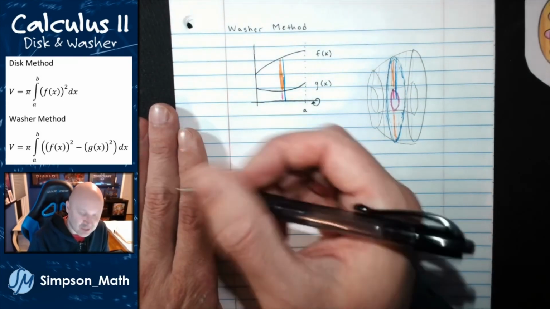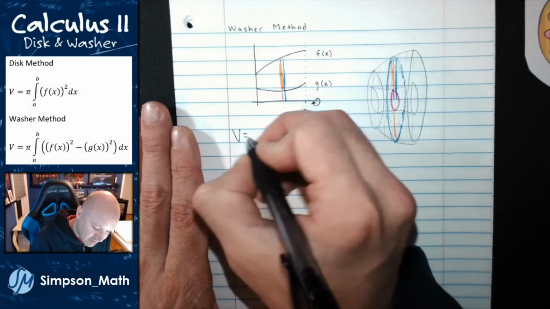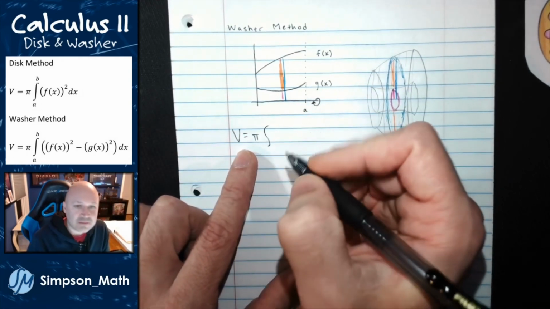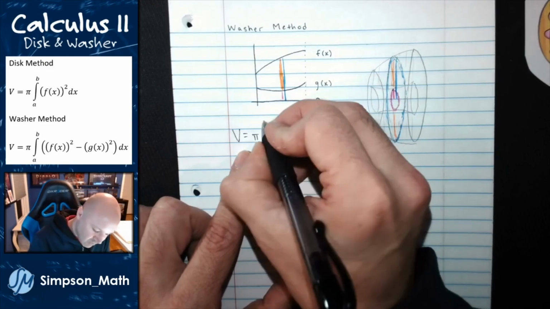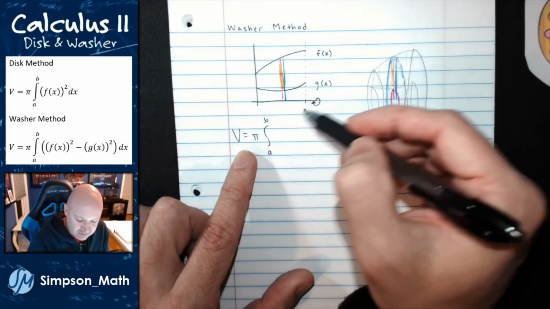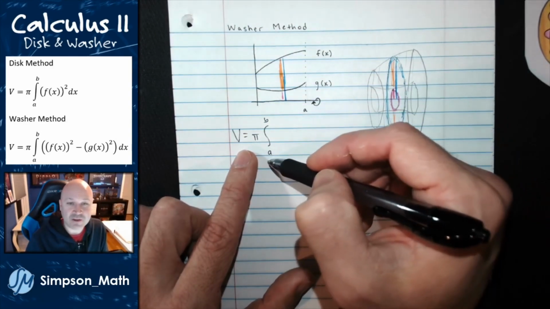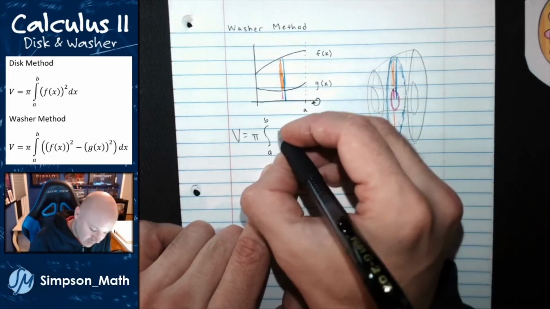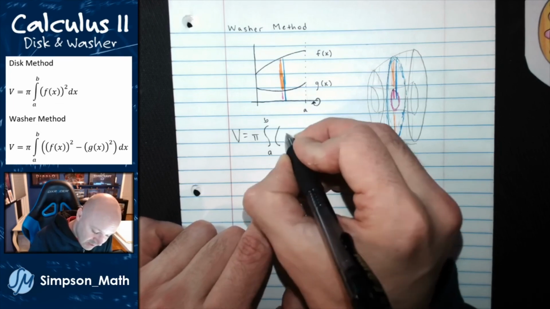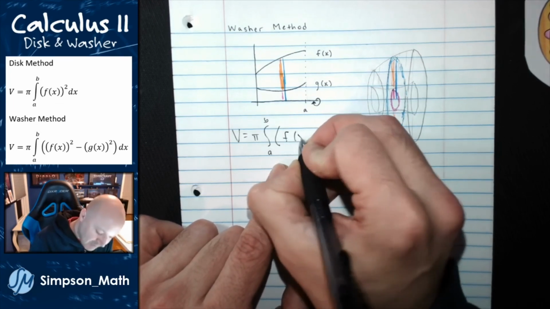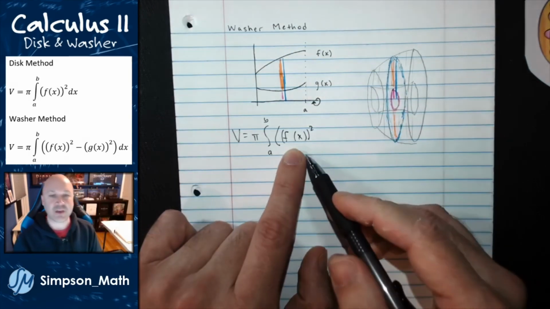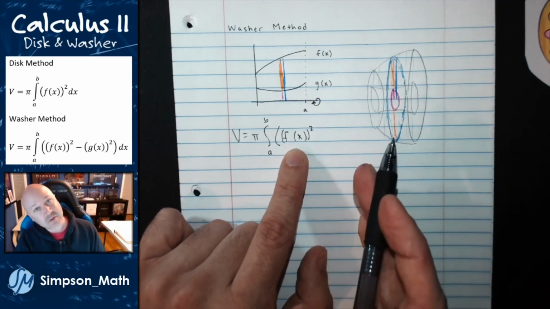I'm going to write that down just because I need to write it 5 more times. Pi, integral from some interval, that's a different a than I'm using here, like 0 to a or 1 to 12, I don't know, of the top function squared. And we know that top alone means different things. That could mean rightmost.